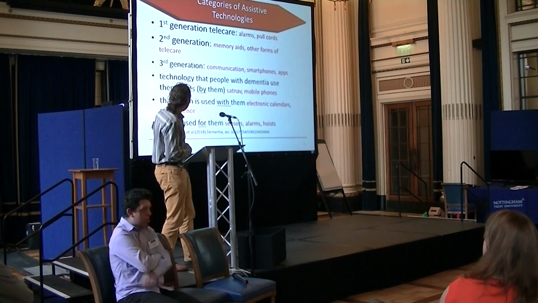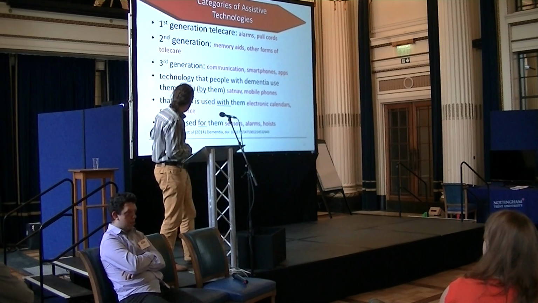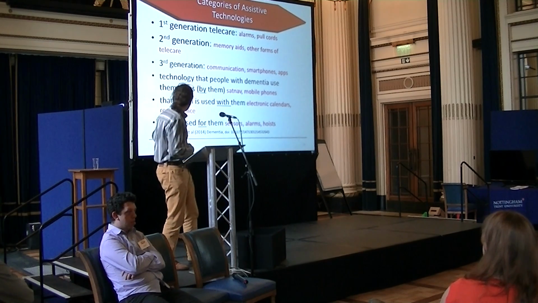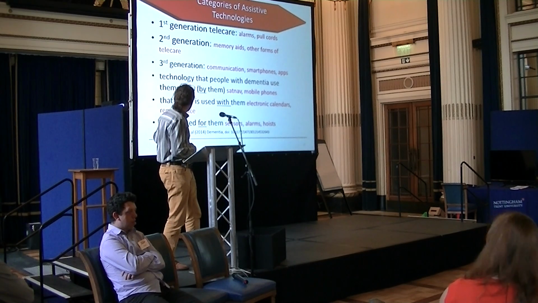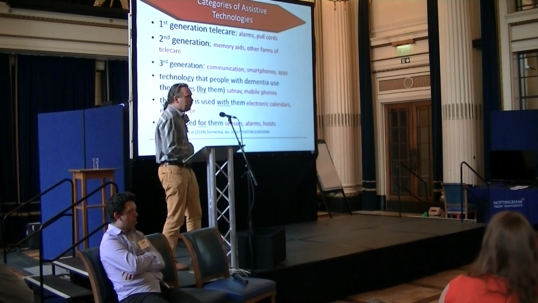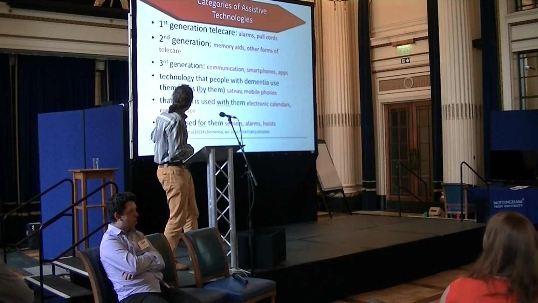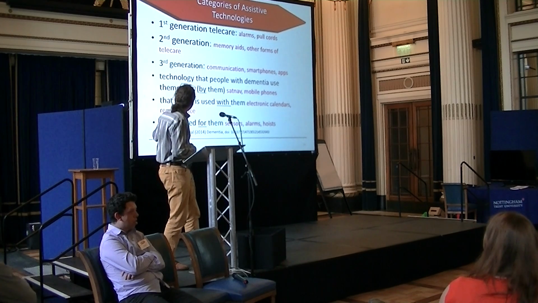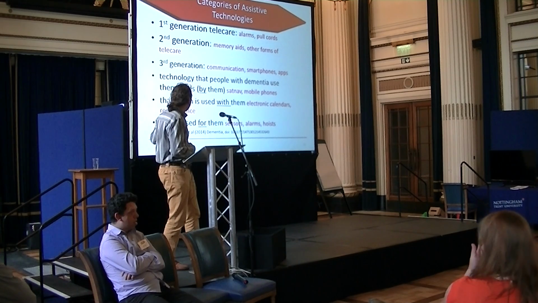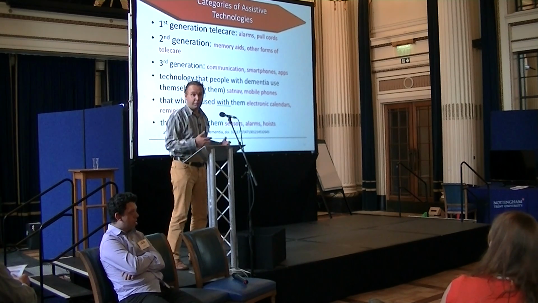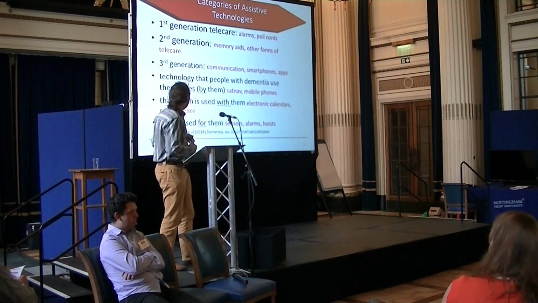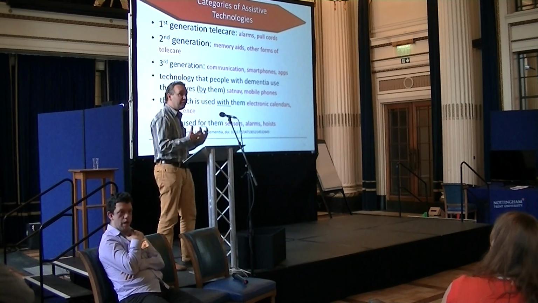But here's some really nice work by Grant Gibson, who was at Newcastle, I think now in Scotland. I can't remember exactly where. He's worked with others on trying to define technologies by the way that they're used. So they've categorised technologies that people with dementia use themselves.